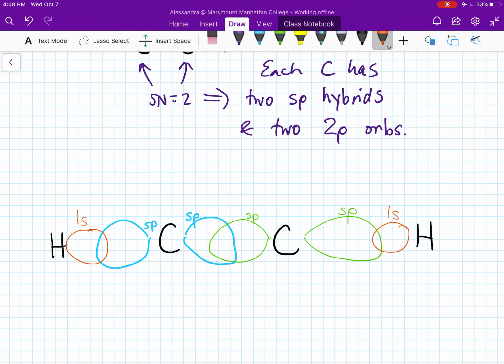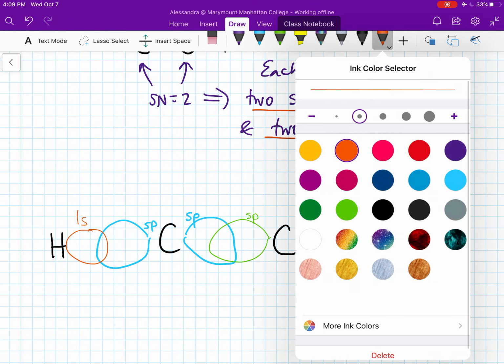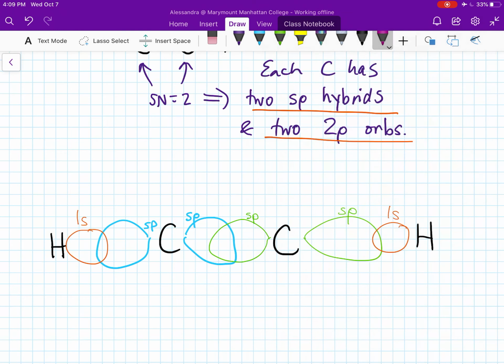Now, what else do we have going on? We've drawn the 2 sp hybrids that each carbon has, but we now need to account for the 2p orbitals. In my cartoon, I've drawn the horizontal axis as the bonding axis, and that's where the sigma bonds form. But each carbon is also going to have these unhybridized 2p orbitals.